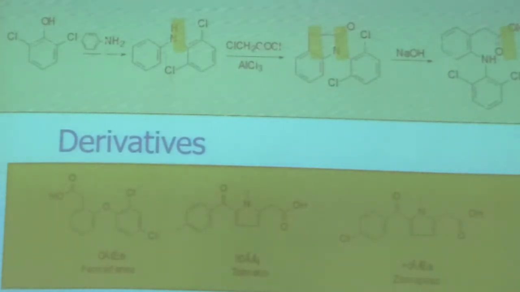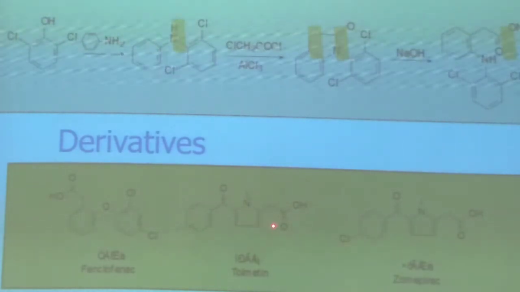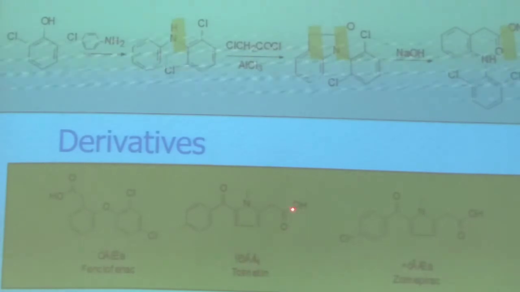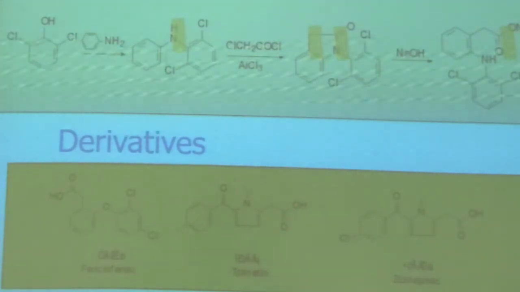Tolmetin contains pyrrole acetic acid, and the NH linkage is replaced with a carbonyl linkage, and there is a methyl group, so that is a toluene, that is a carbonyl linkage, and that is a pyrrole, and that is an acetic acid. So tolmetin contains acetic acid, pyrrole, carbonyl linkage, and toluene.